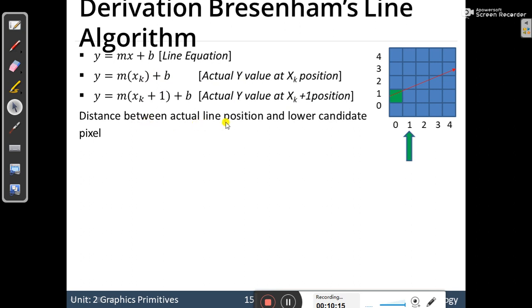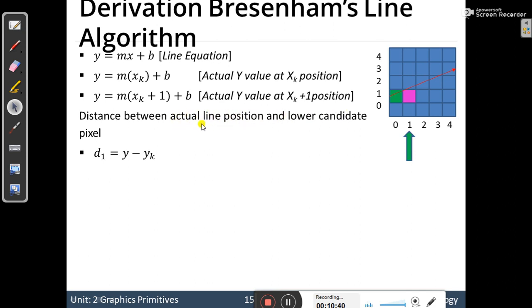Distance between the actual line position and the lower candidate pixel is this one.